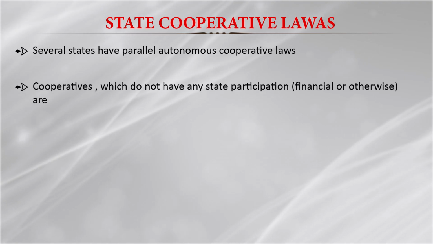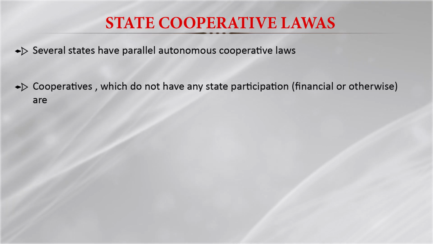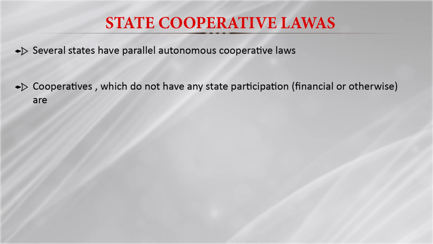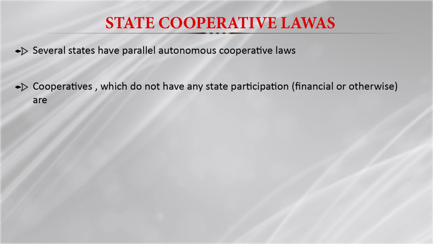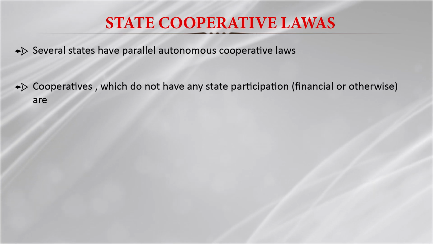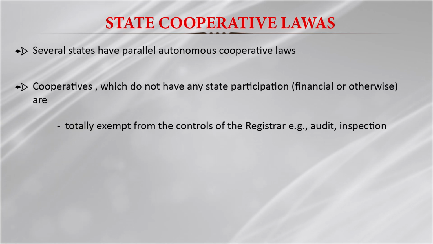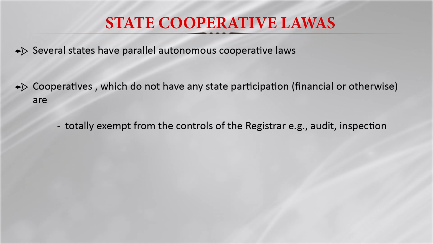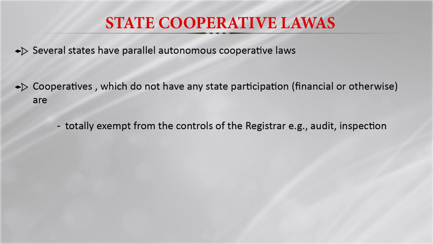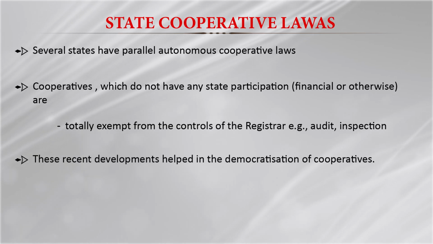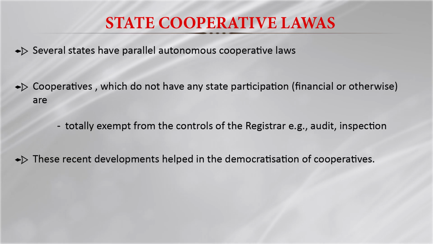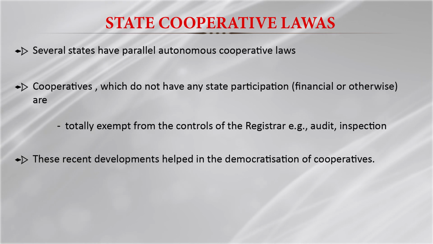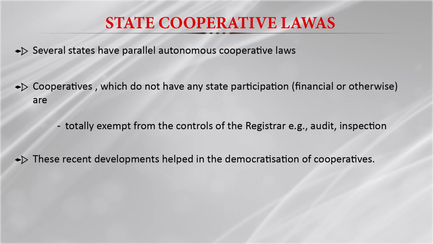And then the cooperatives where we do not have any state participation, suppose some of the cooperatives that do not have any state participation in terms of financial or other matters, are totally exempted from the control of the registrar, that is, from the audit and inspection by the registrar of the cooperative. And these are some of the recent developments which have helped in keeping these features, that is, the democratization of the cooperatives.